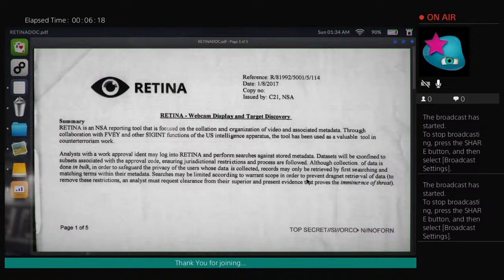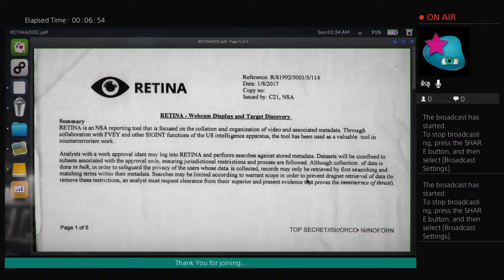We're gonna look up FVEY, whatever that is. SIGINT.